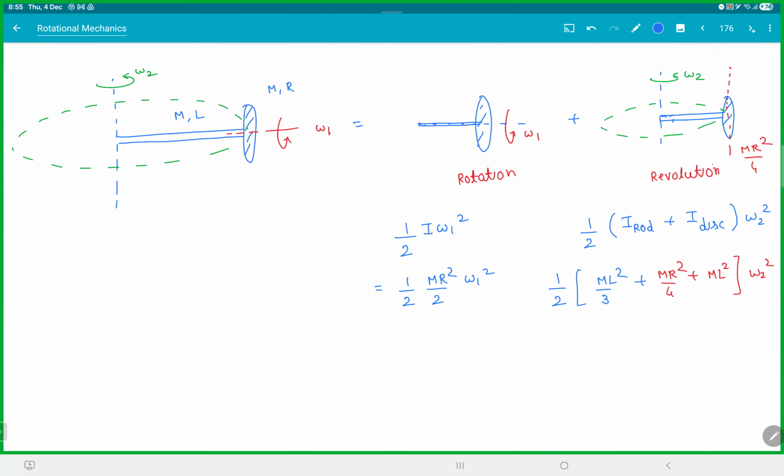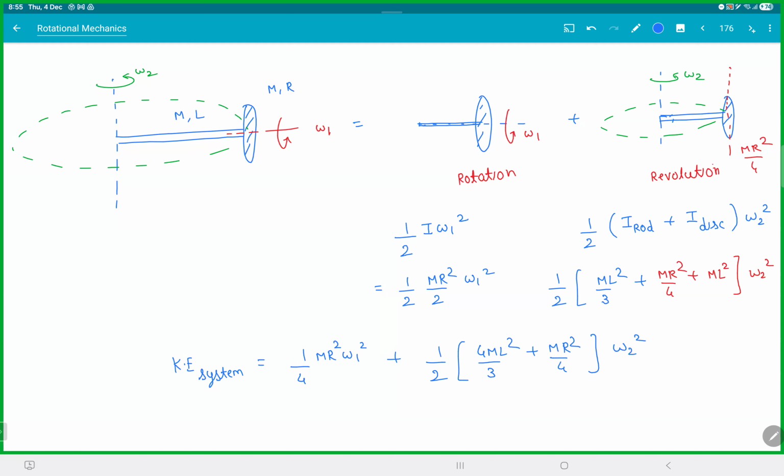Got what we did? So the kinetic energy of the system is one by 4 mr square omega 1 square plus 1 by 2, 4 ml square by 3 plus mr square by 4, omega 2 square.